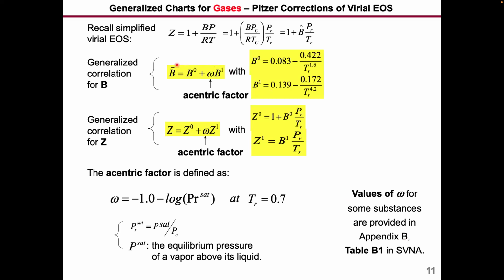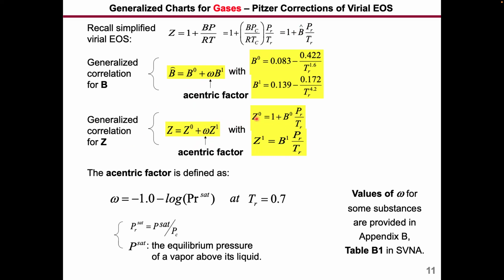And now, because B hat is going to have some B0 and omega B1 terms, basically you can do the same thing for Z. Z is going to have some Z0 and omega Z1 terms, right?